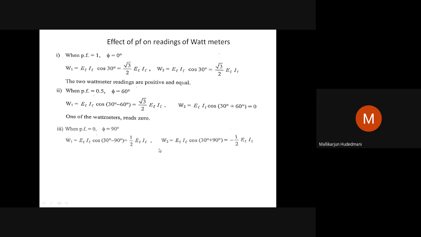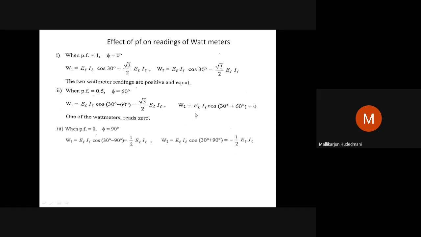In this case, if you have an analog instrument in the laboratory, you cannot read negative. So some connections of the current coil or voltage coil need to be exchanged, then the instrument is put in forward direction. Whatever reading you see after the connection reversal, you have to put a minus ahead of that.